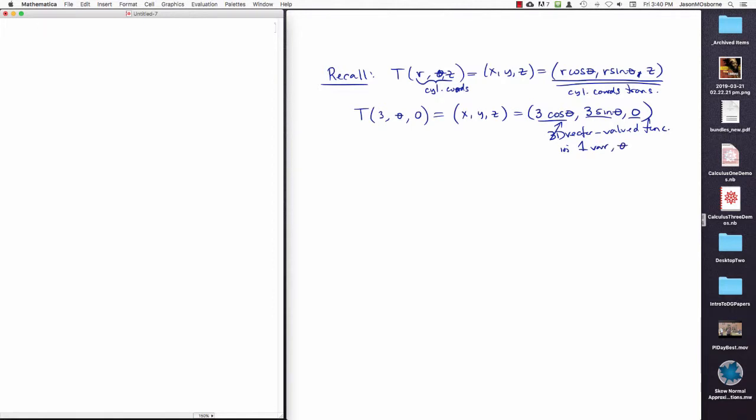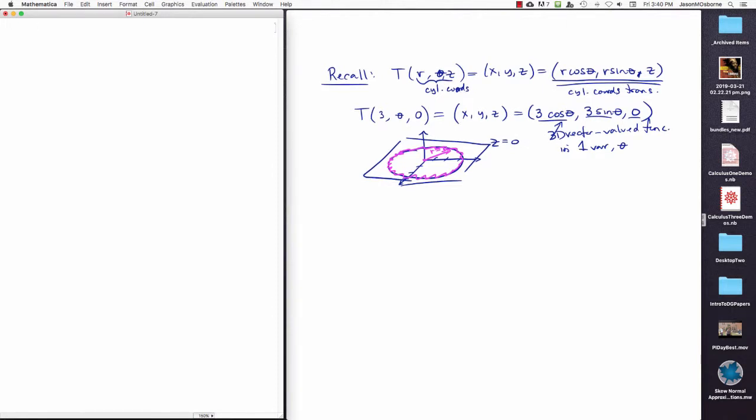Which means that we have a 1D vector valued function in 3D, which is the equation of a circle of radius 3 sitting in the z equals 0 plane. So what we've just drawn there is just the outside of this circle, the circular curve, with radius equal to 3.